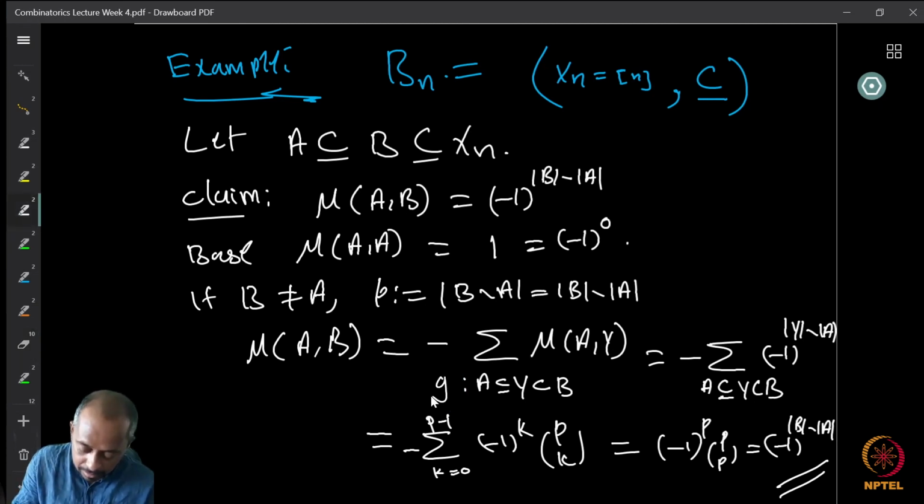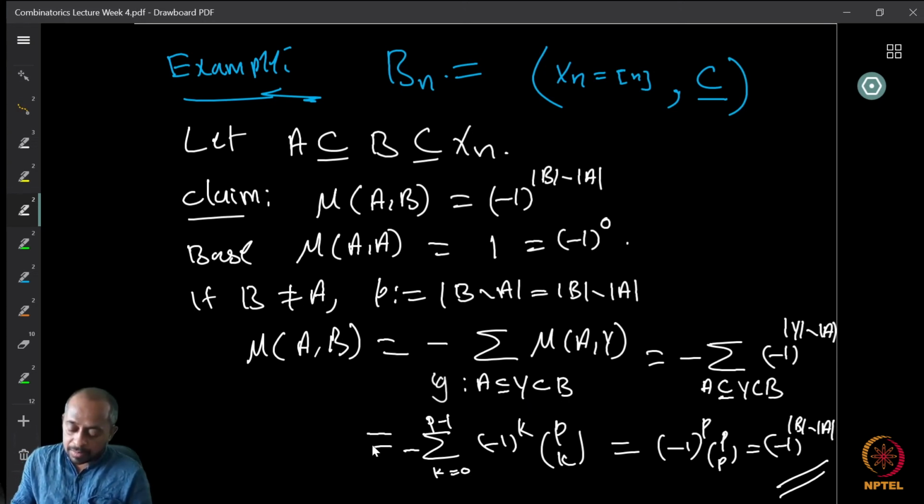Now, so now what is this? Well, here because the size has become smaller, we can use the induction hypothesis. So therefore, this is equal to minus summation over A contained in y, y a strict subset of B, minus 1 raised to cardinality of y minus A, because y is already strictly smaller.